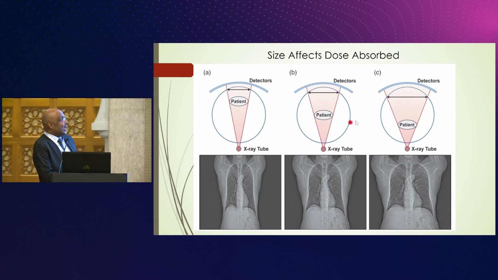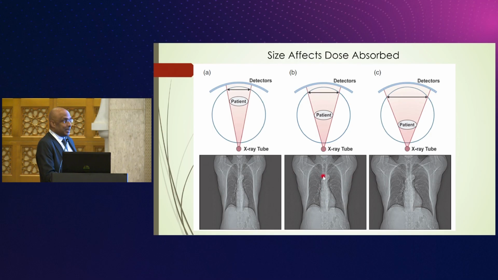Therefore, if you use automatic exposure control, it's going to create problems for the system. So even if we want to do size-specific dose estimates, you need to make sure that your patient positioning is accurate.